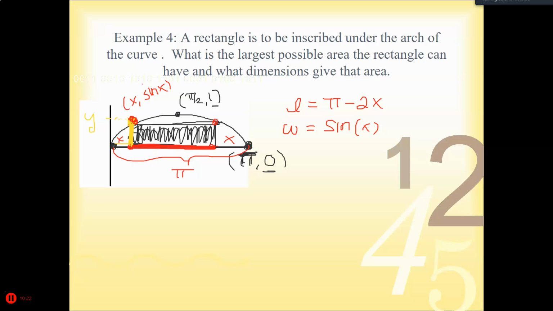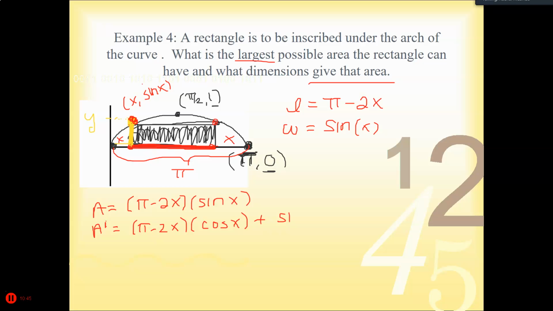So area is equal to length times width. So it's equal to (pi minus 2x) times sine x. We're trying to maximize area. So you have first times derivative of the second plus second times derivative of the first. Remember, pi is a constant.